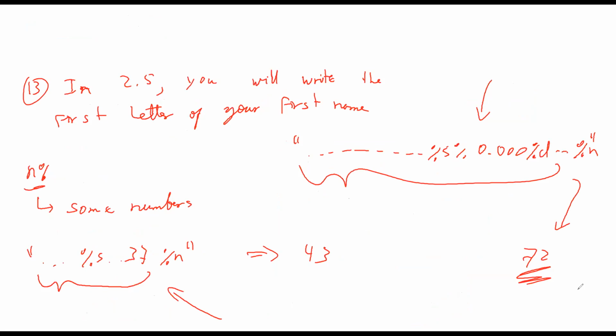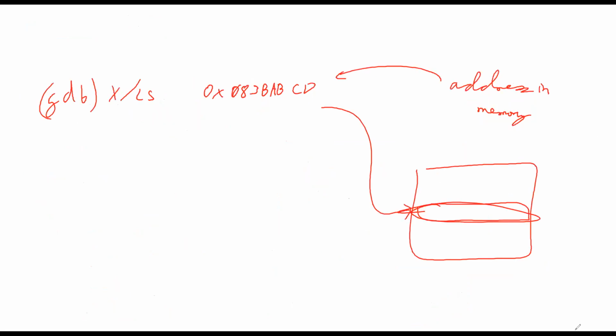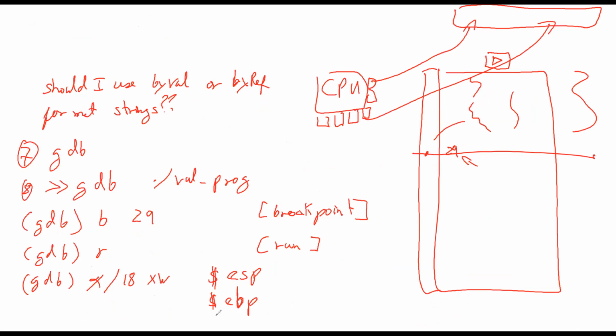I gave you a few registers that you can play with. There's also another register called EAX. I do encourage you to go online and look up all these registers and what they mean.